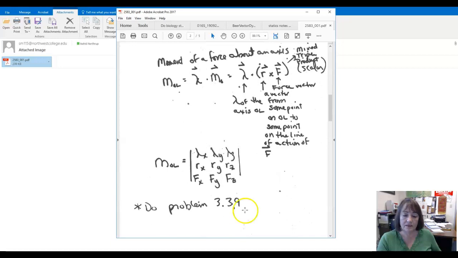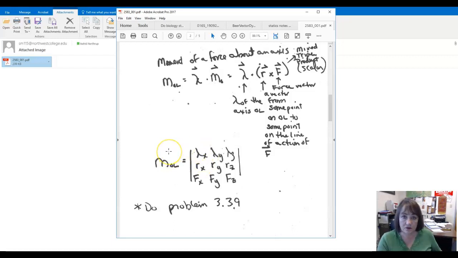Now, mathematically, to do that, we can actually form a determinant. If you recall, when we were doing cross products, this top row would be i, j, and k, which are the unit vectors, of course, in the x direction, the y direction, and the z direction. Here, lambda x, lambda y, and lambda z are the components of the unit vector along that axis OL.